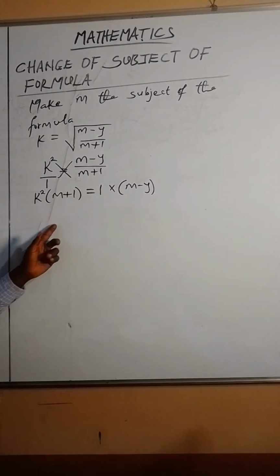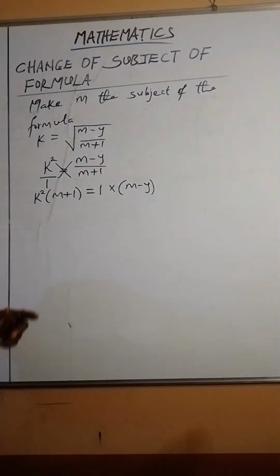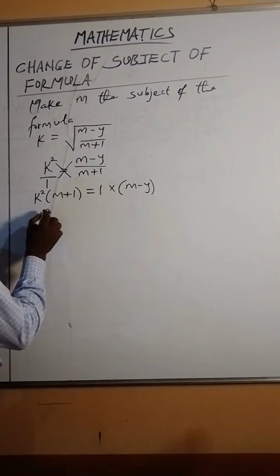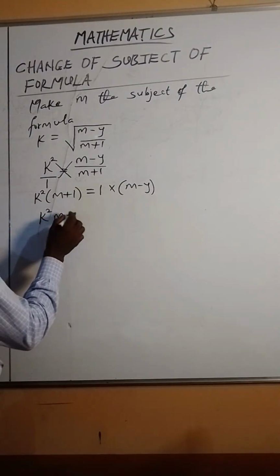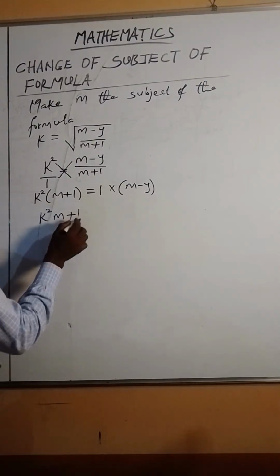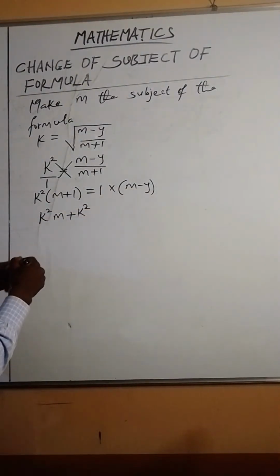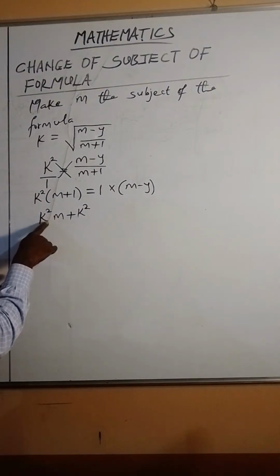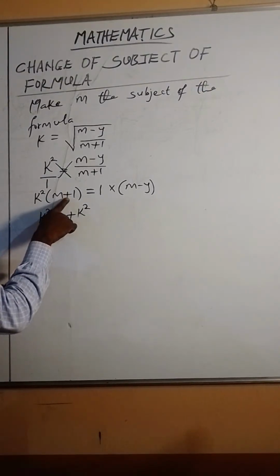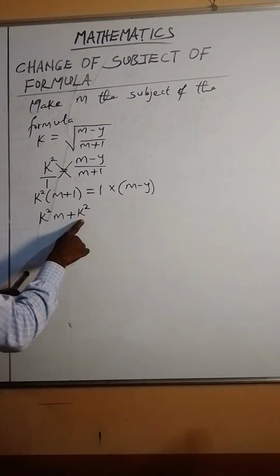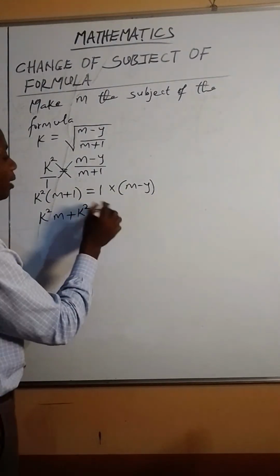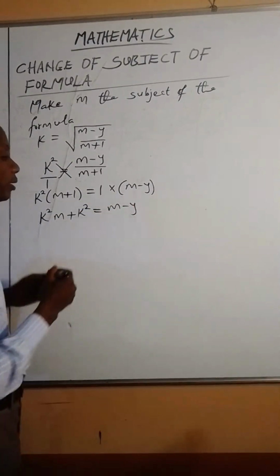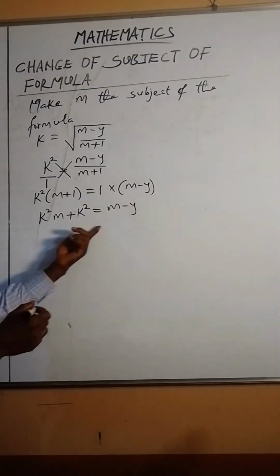If we open the bracket right here, we are going to have k square m, then plus k square, because k square times m is k square m, and k square times 1 is k square. So here, 1 times the bracket remains the bracket.